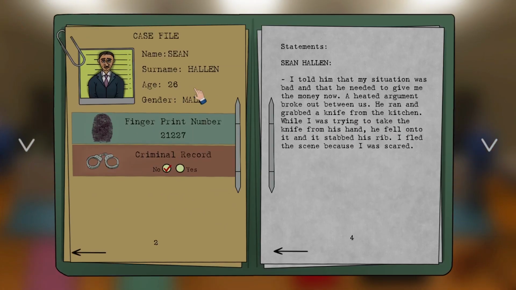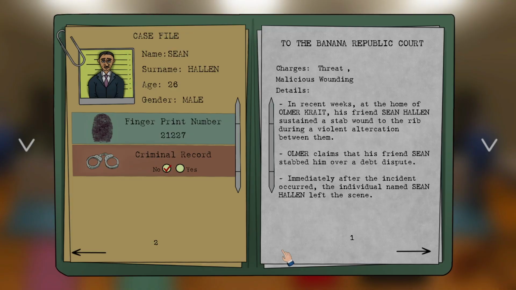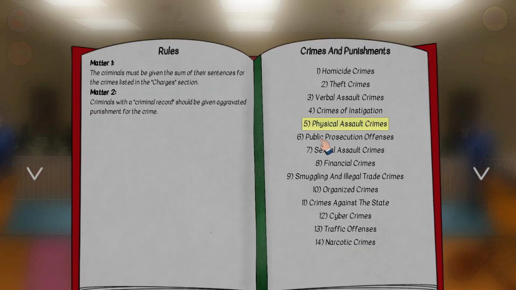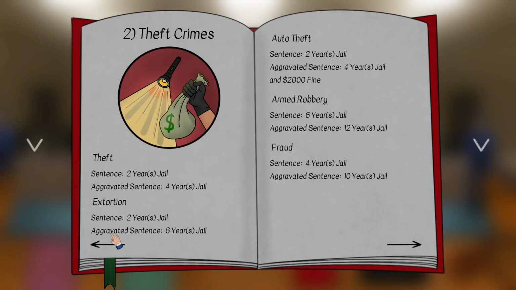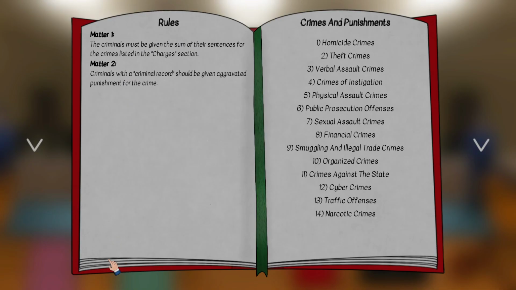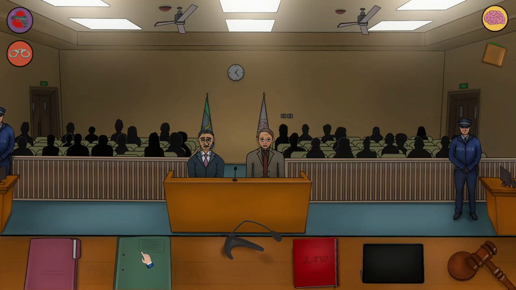Oh, what is he charged with? Threat and miscellaneous wounding. Okay, so threat. Homicide crime. Murder attempted. Assassination. Is it assassination? Hold on, let me see.